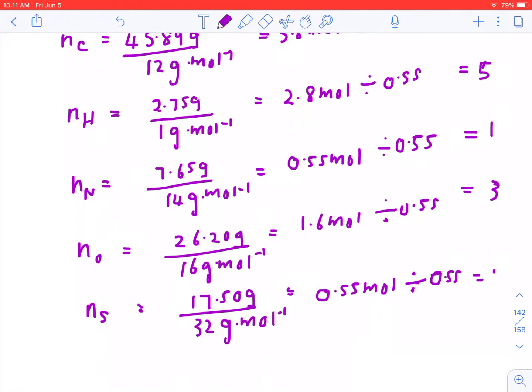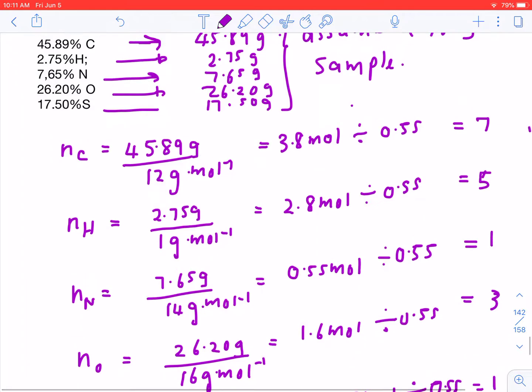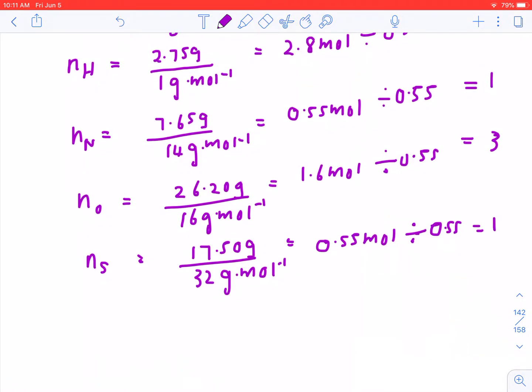Okay, so if you look at this, you've got carbon, hydrogen, nitrogen, oxygen, and sulfur.